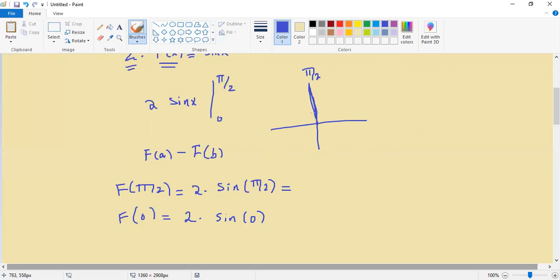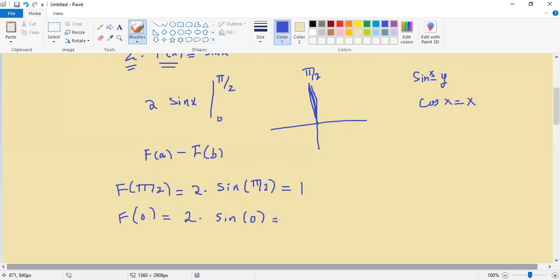Since we know that sine of x refers to y, and cosine of x refers to x, we're asked what the y value is at pi over 2. The y value at pi over 2 would be 1, given that this is a unit circle.